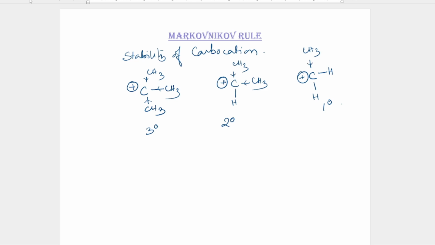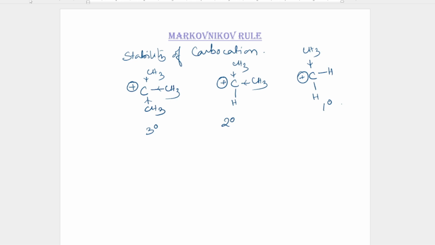So here we find that there are 3 CH3 groups which are donating electrons. That means more positive charge is going to be neutralized as 3 CH3 are attached to it. Whereas here 2 CH3 are neutralizing this positive charge. So we can get more neutralization in tertiary than in secondary and primary.